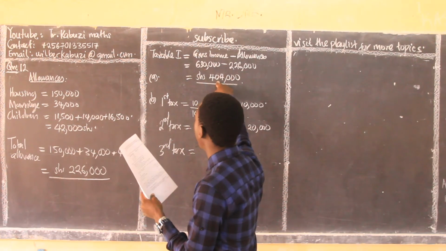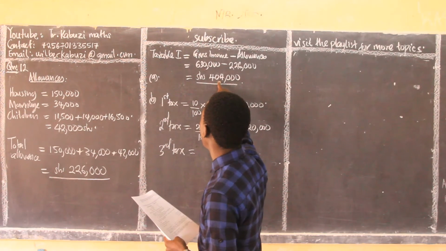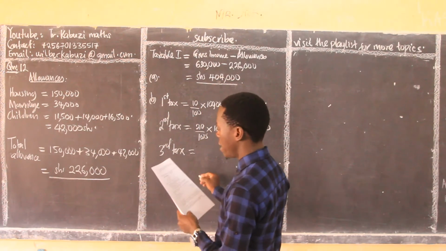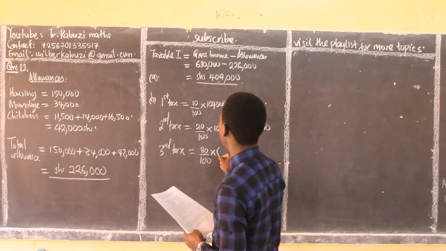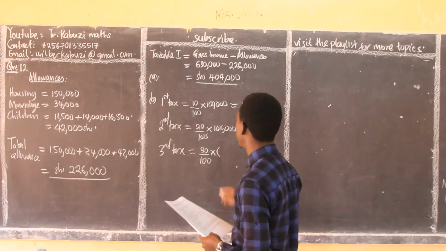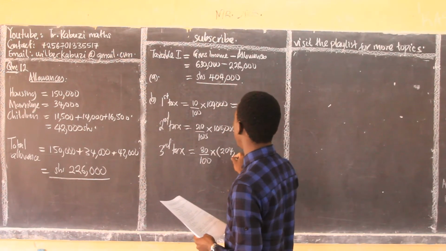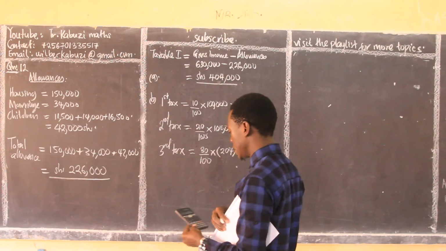So the 200 and above, so we get now 404,000 minus 200,000. They are rating it at 30%. So 30% times now the difference between the 200 and this, which will give us 204,000.